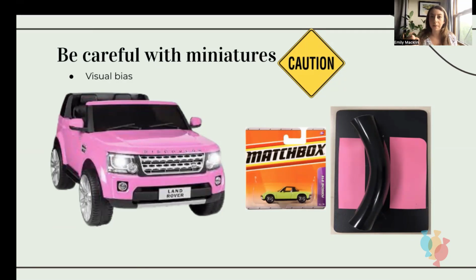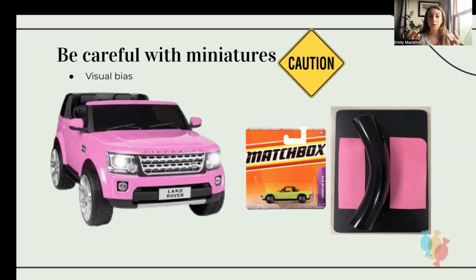I actually found a piece of PVC pipe and I had it curved, a little bit of a bend put into it. So it felt like the steering wheel. So the steering wheel is actually what the student is holding when they are driving this car. And this student does access with a bit of vision. So I put in some pink background as a visual cue because the student does not have really strong acuity.